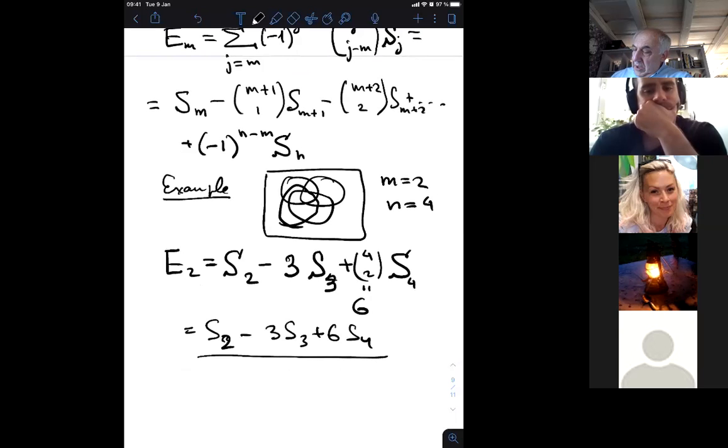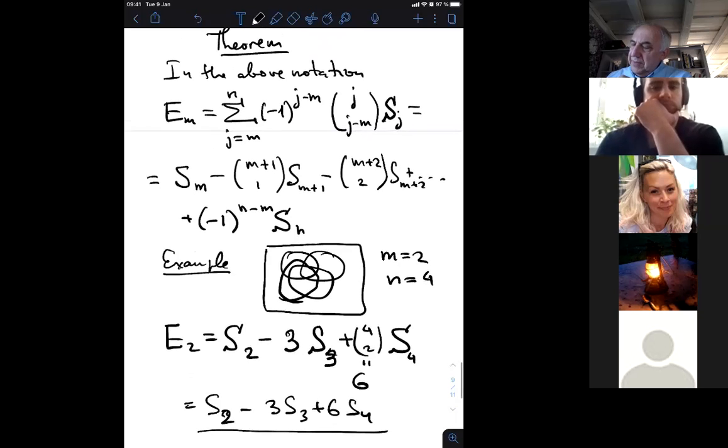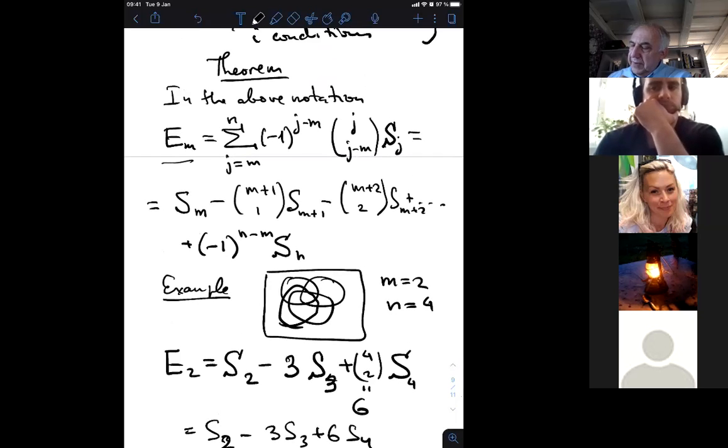Okay, we will probably apply this formula to one nice example in a second. The proof of the formula is very similar to what we did for the first theorem. We should look at those elements which satisfy exactly m properties.